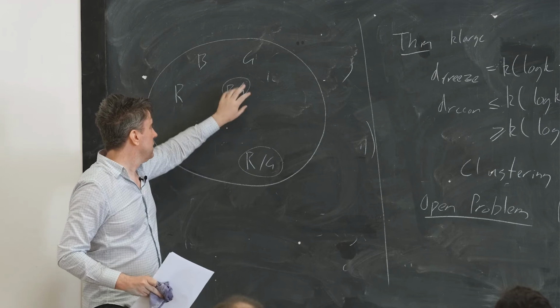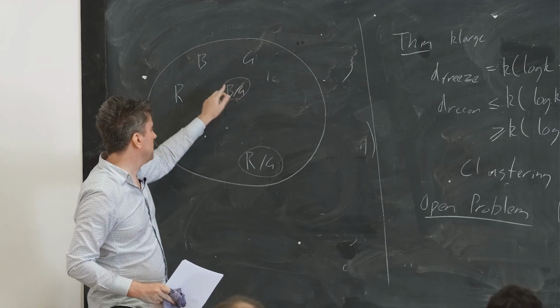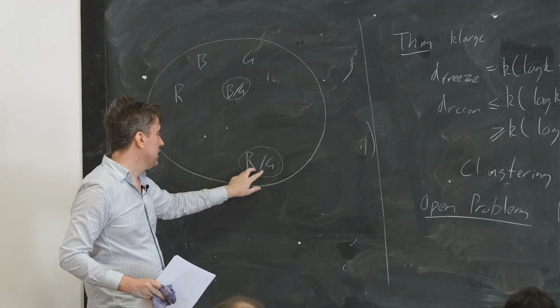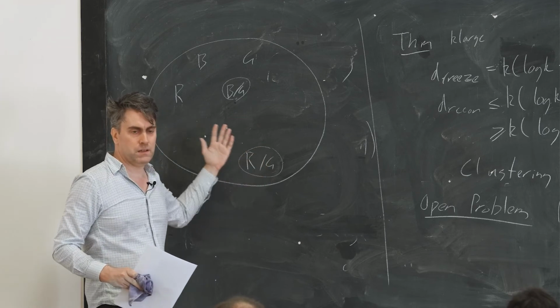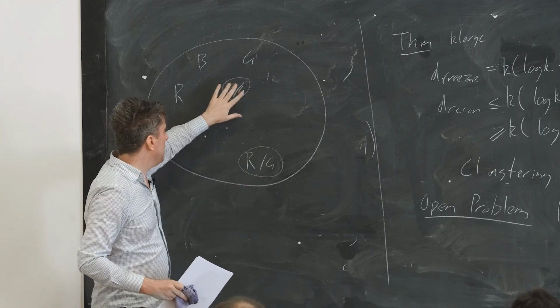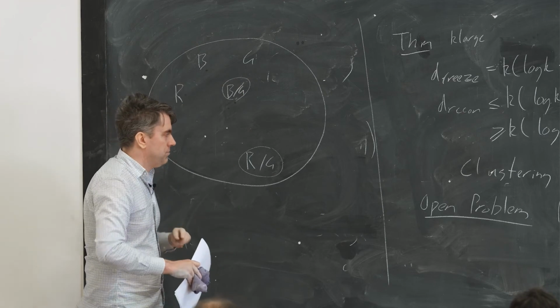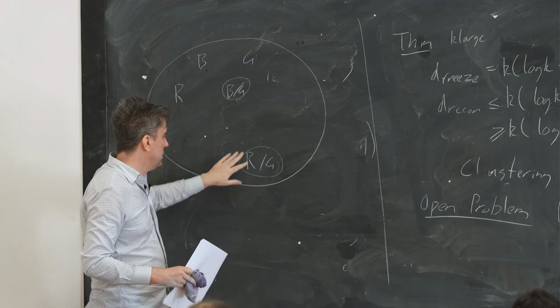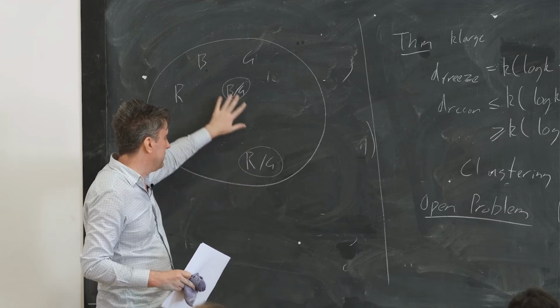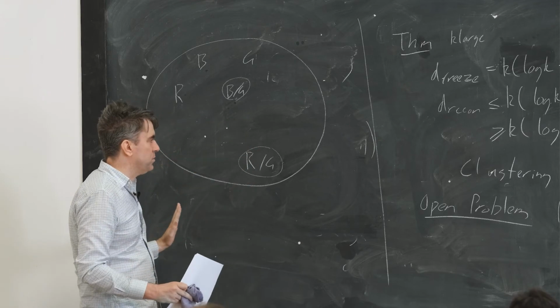I can flip this between blue and green, I can flip this between red and green, and the frozen ones always stay the same. That should describe the distribution.